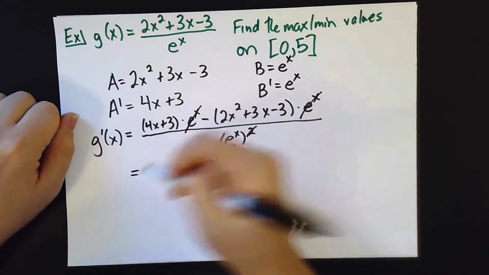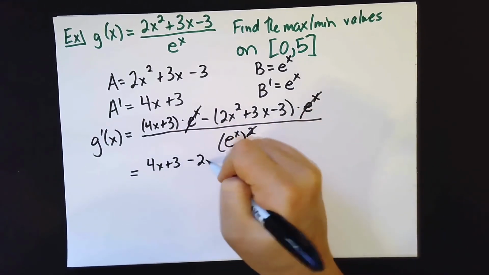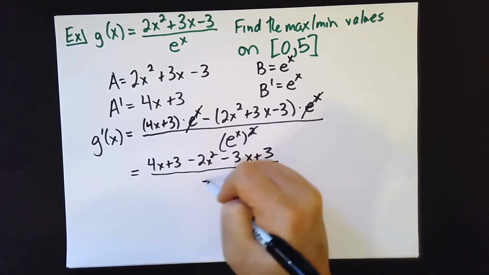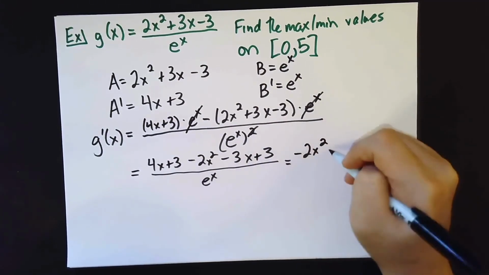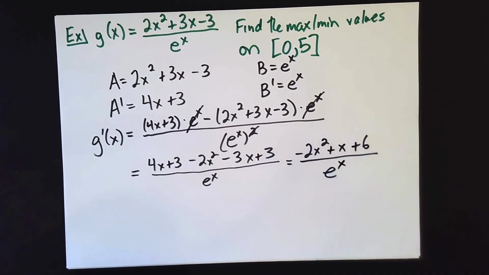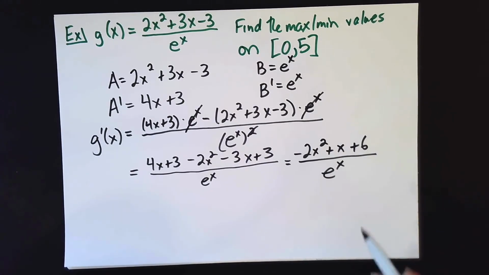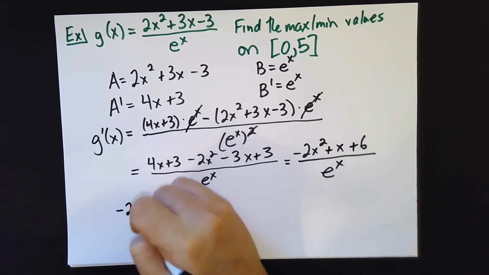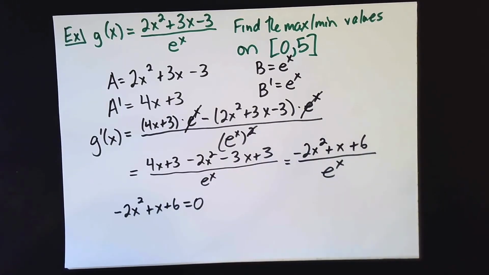And so that will leave me with 4x plus 3 minus 2x squared minus 3x plus 3 over e to the x, which is minus 2x squared plus x plus 6 over e to the x. Now again, I really only care where this is 0, so I can go ahead and set this numerator equal to 0, and go ahead and try and find my critical numbers.